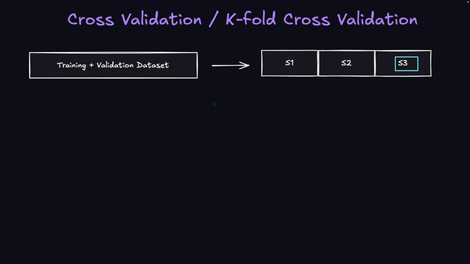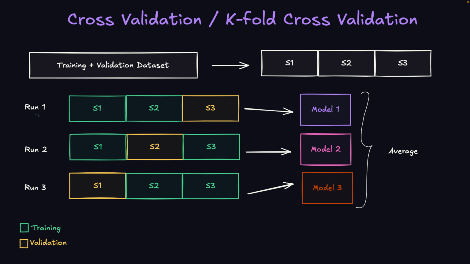Now what we will do is rotate the responsibilities for each of these portions. If you see in the example, for the first run, we are using S1 and S2 as the training dataset and S3 as the validation dataset. In the second run, we are using S1 and S3 as the training dataset, but S2 as the validation dataset.